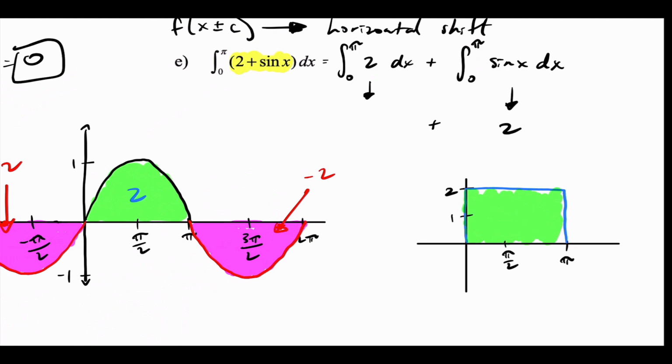That's what this guy is going to look like. Okay? It's going to create a box. So the base of the box is pi. The height of the box is 2. Multiply them together, you get 2 pi. So we get 2 pi plus 2.